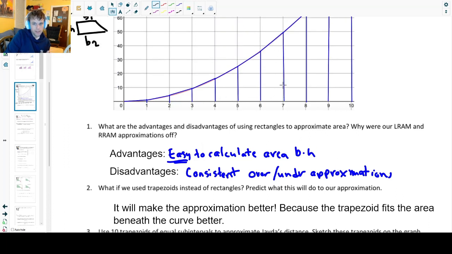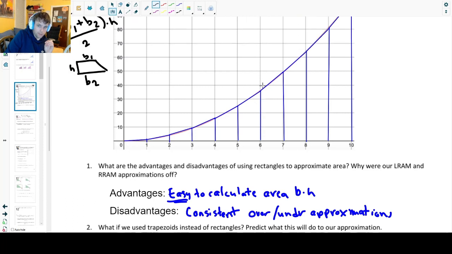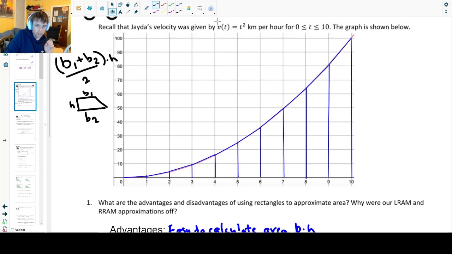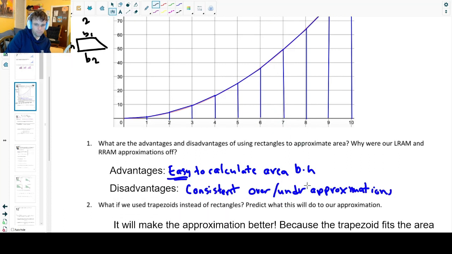That's this one right here. Its left side base, or the height here, is 6 squared. Again, the reason I'm squaring these numbers is because it goes back to the original function, right? At 6, this has a function value of 6 squared, 36. And then at 7, it has a function value of 7 squared, 49. Right, so those are our bases, and then our height being 1.